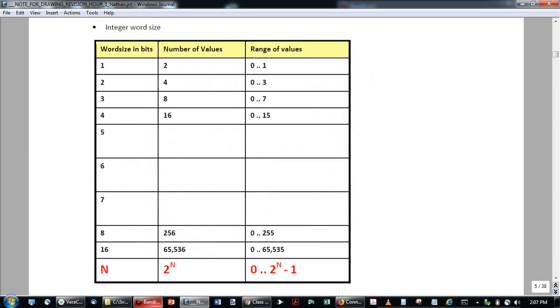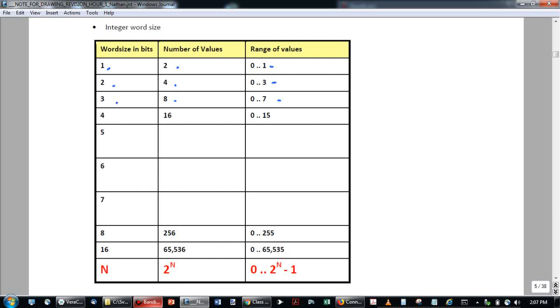When we're looking at the integer word size, another topic in lecture 2, if we have a word size in bits of 1, we have 2 values, and the range is 0 to 1. If I have 2 bits, I can represent 4 different things, and the range is 0 to 3. If I have 3 bits, I can represent 8 things, and the range is 0 to 7.